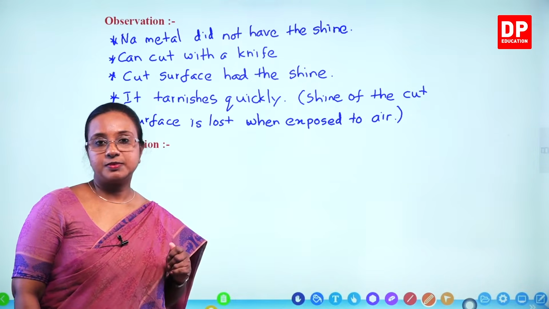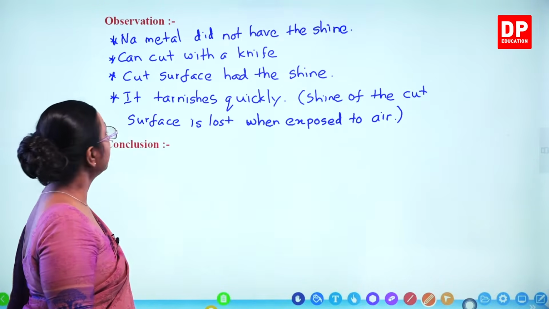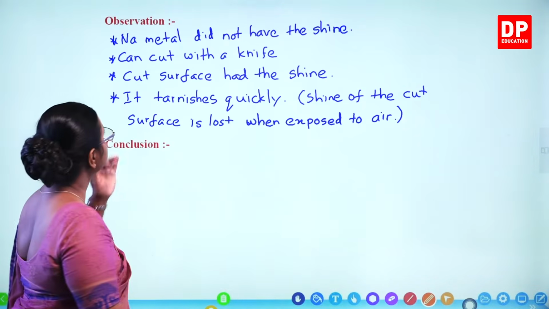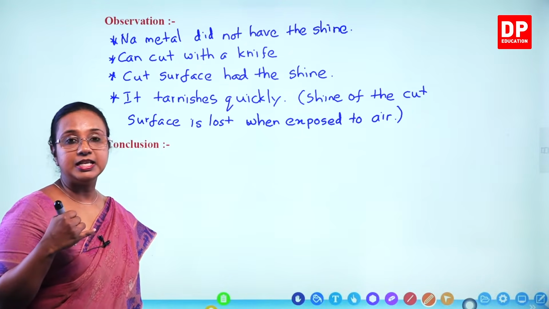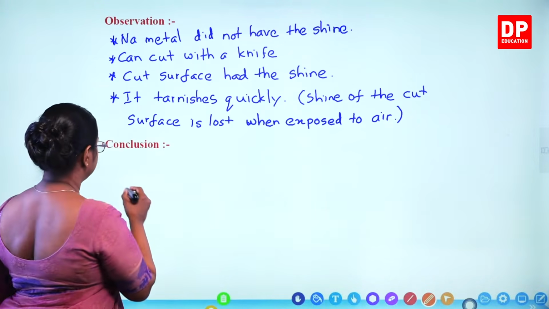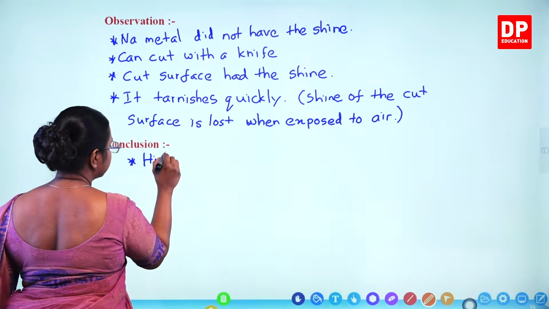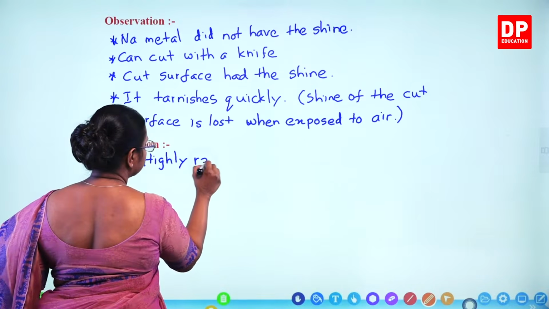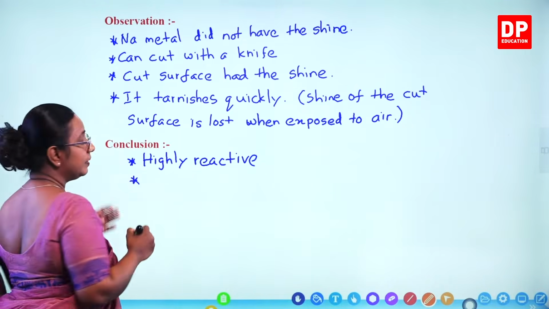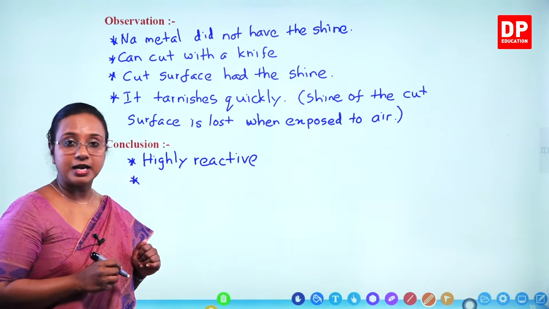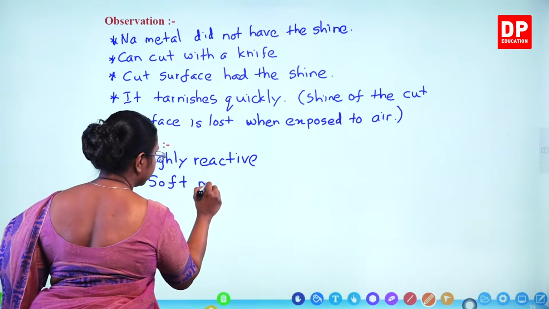So, from these observations, what can we conclude? The conclusion of the activity, that sodium is a reactive metal, so therefore it did not have the luster at first. So, here we can say it's highly reactive. And also we were able to cut it with a knife. So, therefore it is a soft metal.